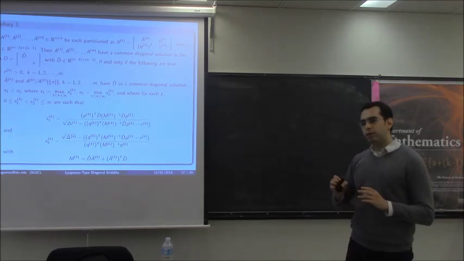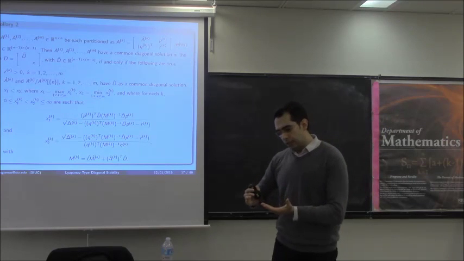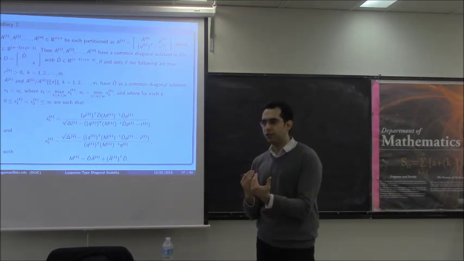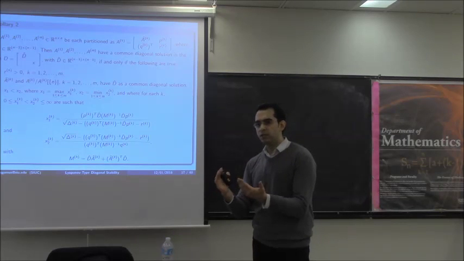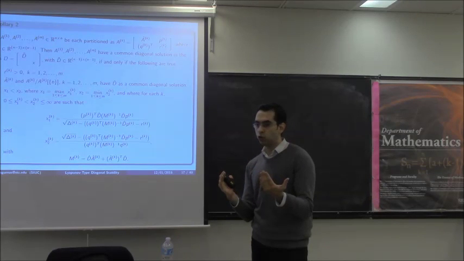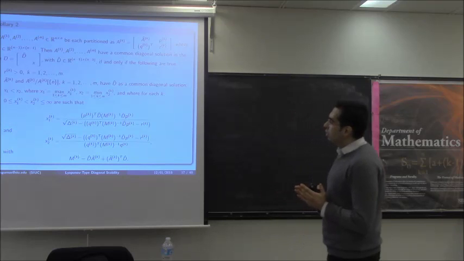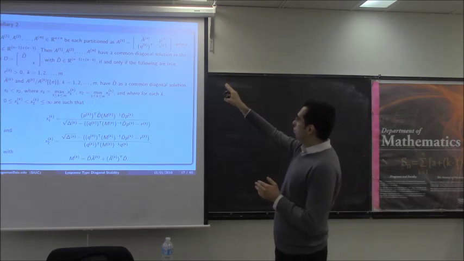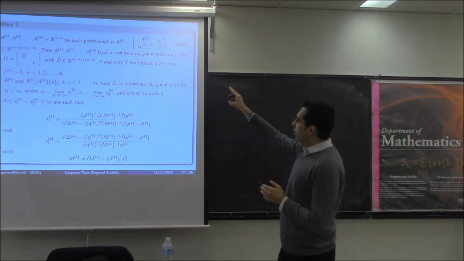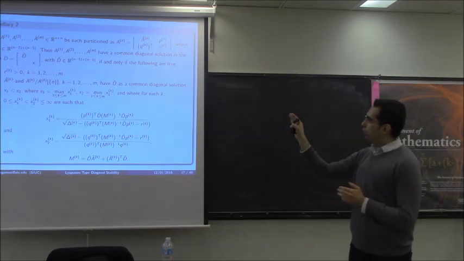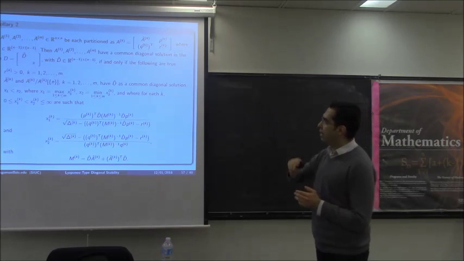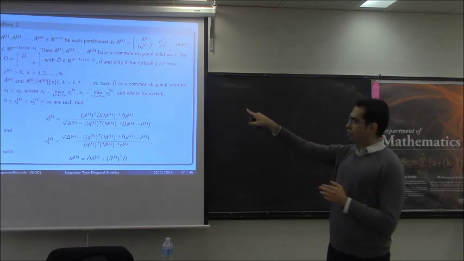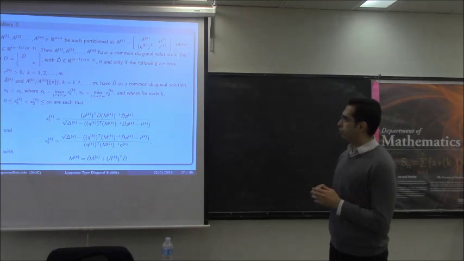Another corollary we get from the proof is that we extend the Redheffer result to a set of matrices sharing a common diagonal solution. A1 through An are given, and they are partitioned in this form. We are looking for a common diagonal solution in the form d hat and x. The first condition is that all r_k should be positive.